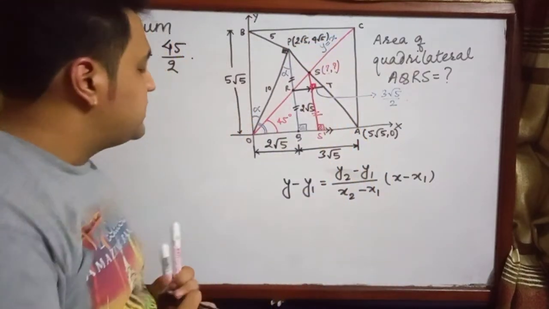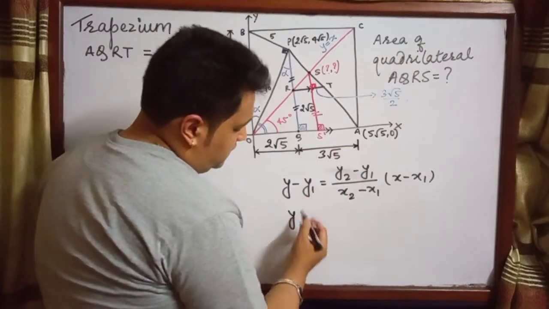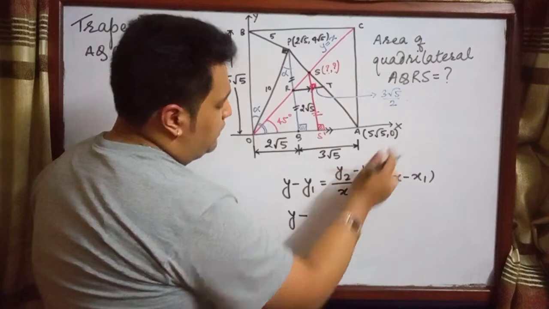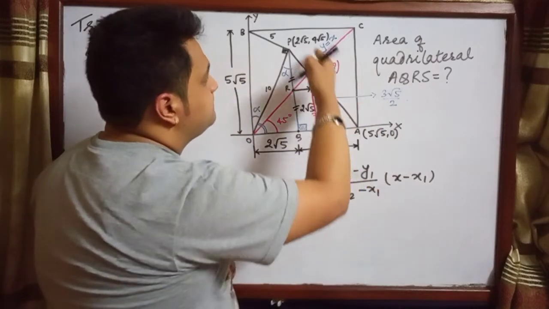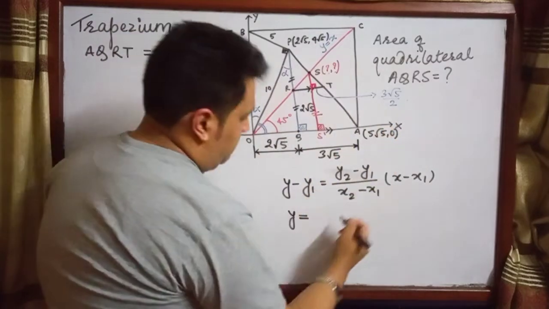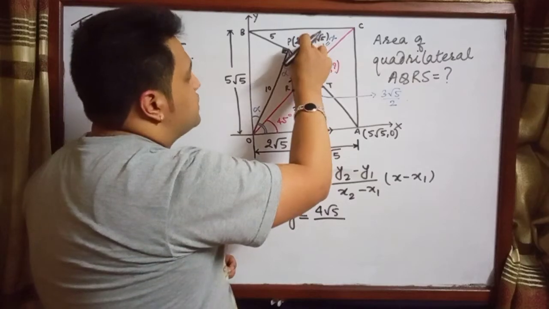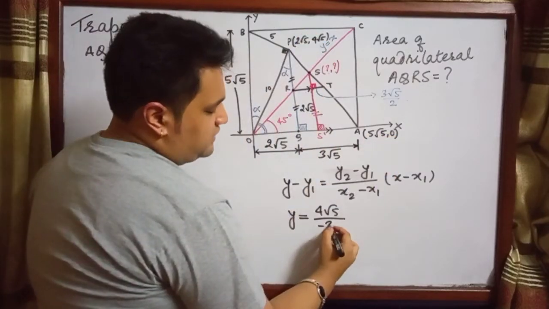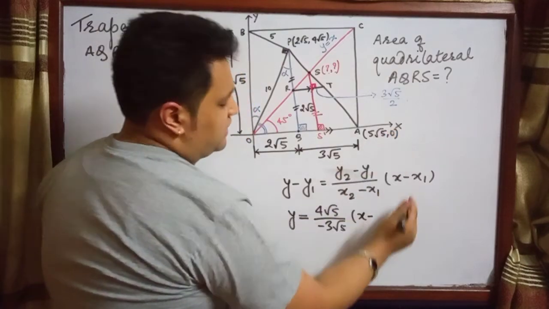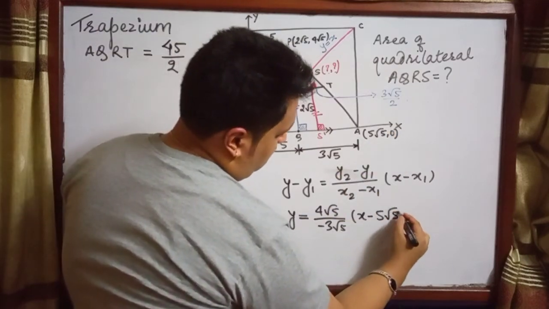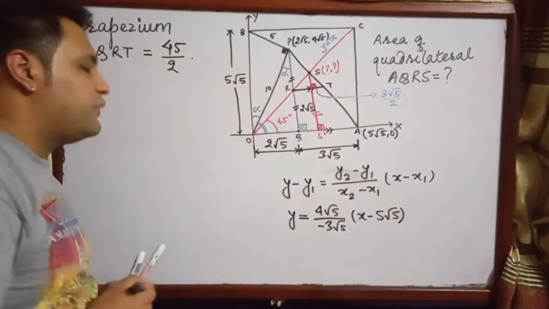So the equation becomes y minus y1 is 0, so y equals y2 minus y1 means 4 root 5, x2 minus x1 means minus 3 root 5, x minus x1 means 5 root 5. Okay?